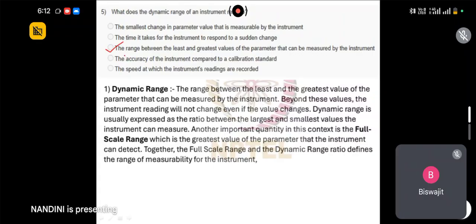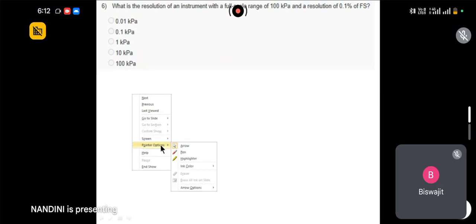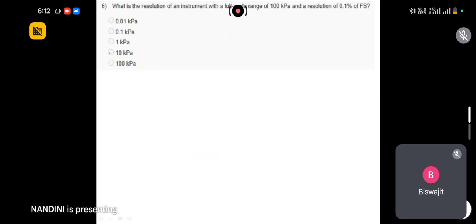Now, the next question is, we need to find the resolution of an instrument with a full scale range of 100 kilopascal. So what is full scale range? We just discussed. What does full scale range give you?